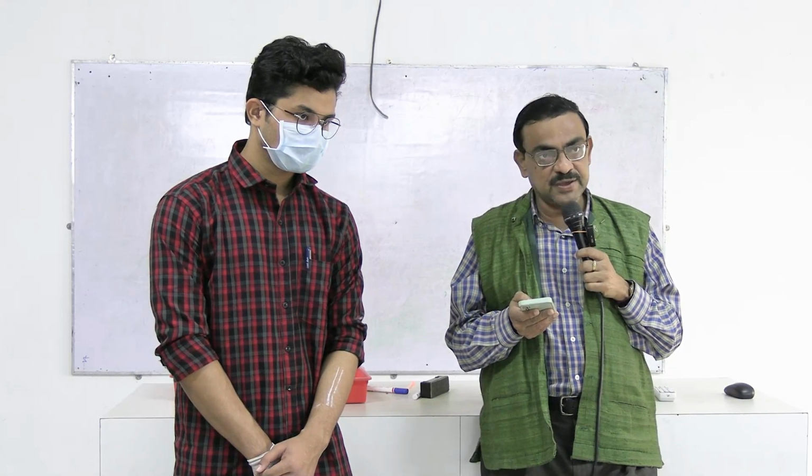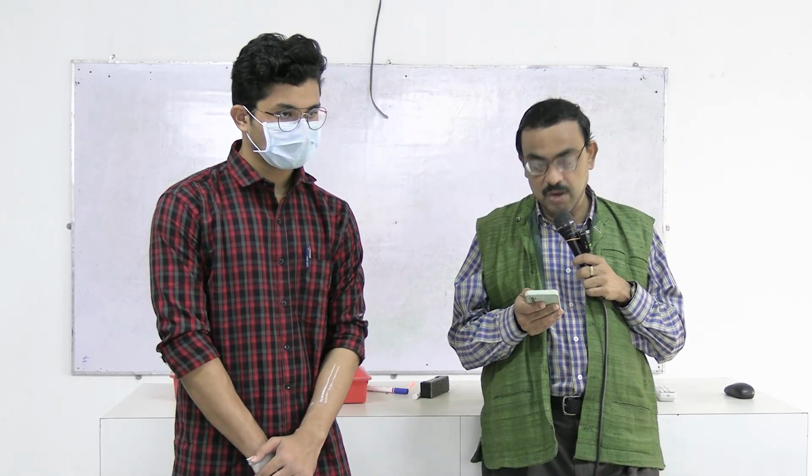The next one is number 2, pisiform bone. Number 3, head of the radius. Number 4, head of the ulna.